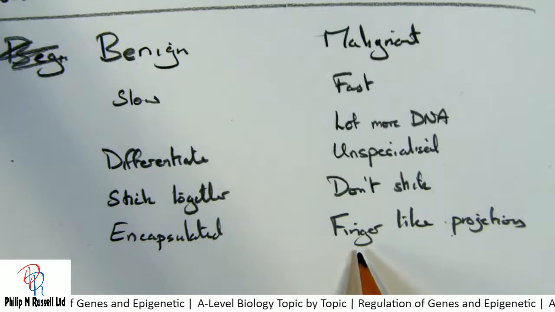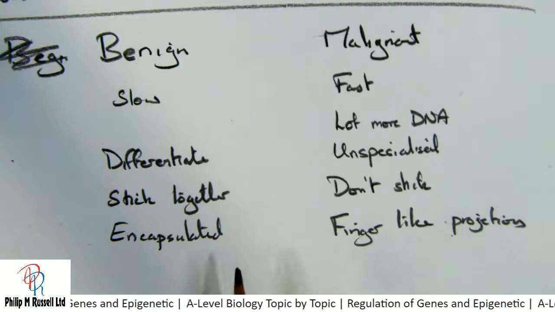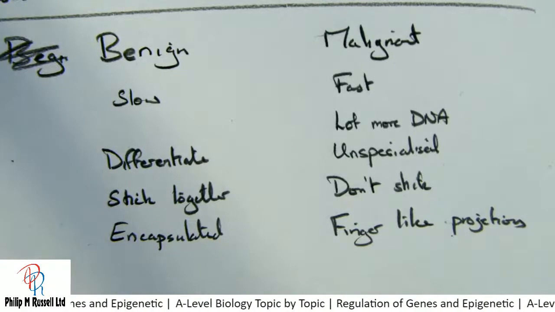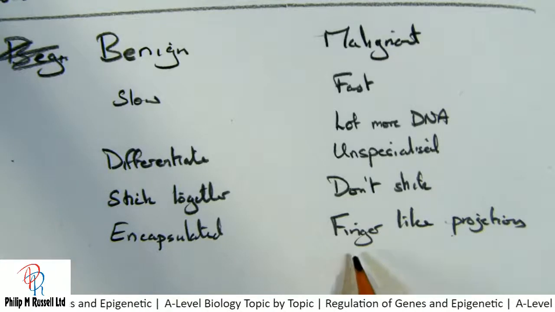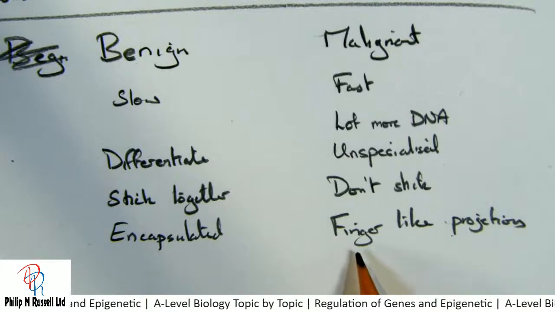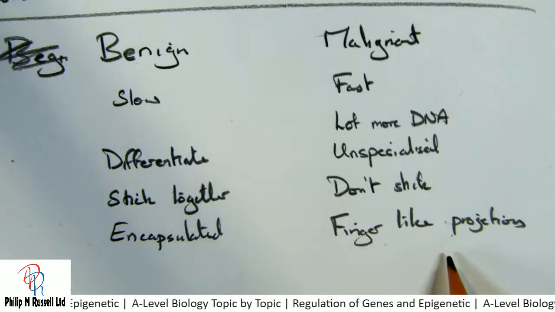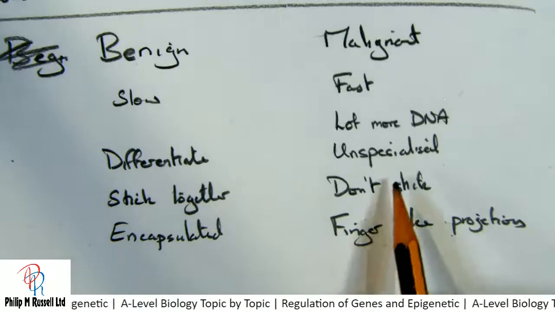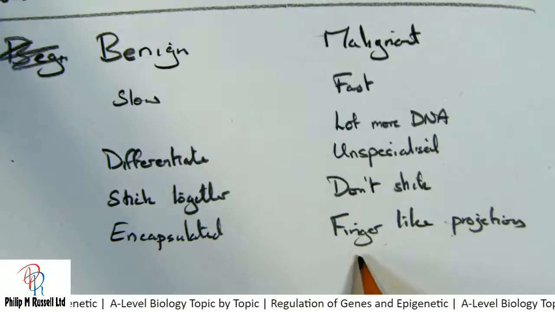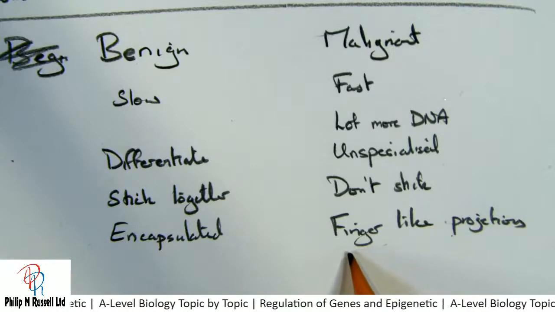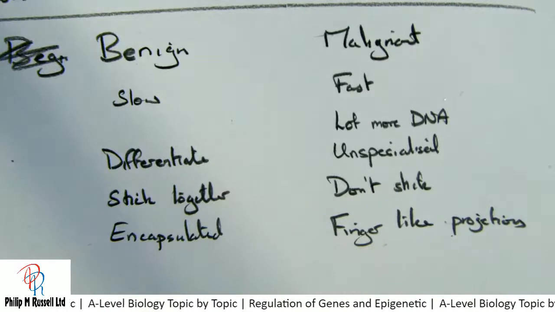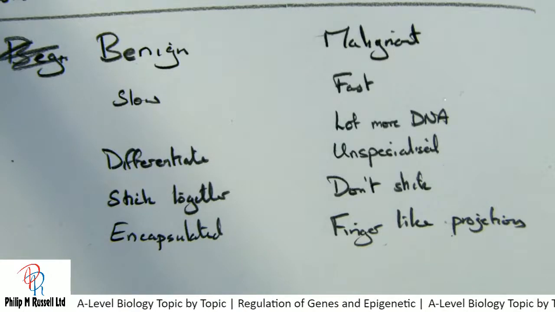But with finger-like projections going into all sorts of other cells, a surgeon here would have to not only cut out the tumour, but would need to try and cut out all these finger-like projections, because leaving just one cell is going to cause it to carry on. And so they've got to start cutting away other tissue as well.